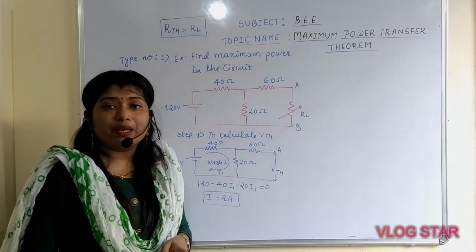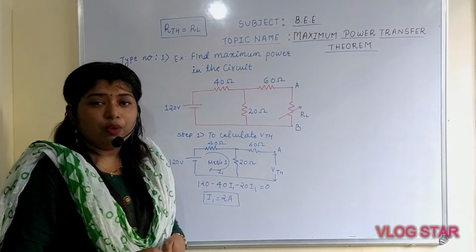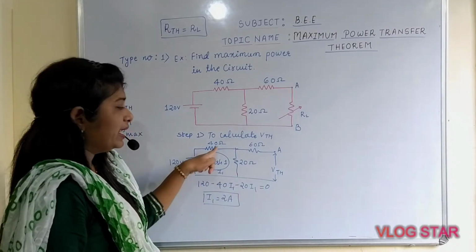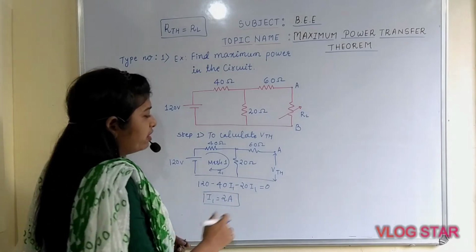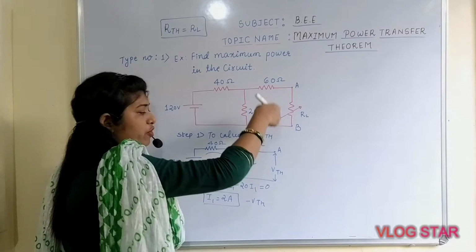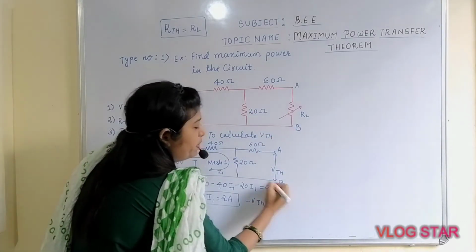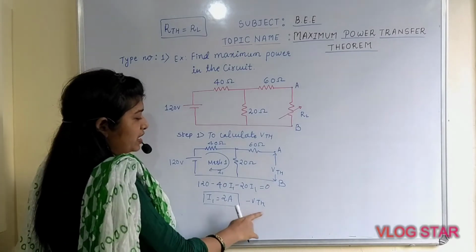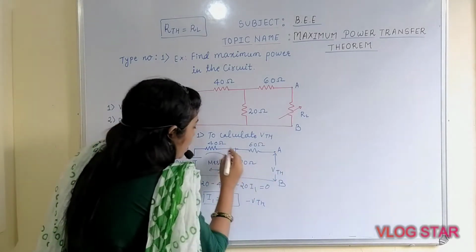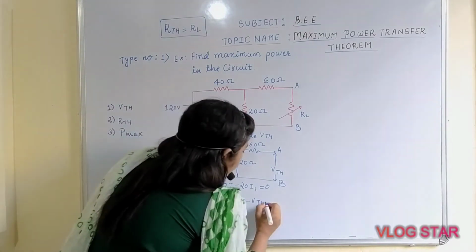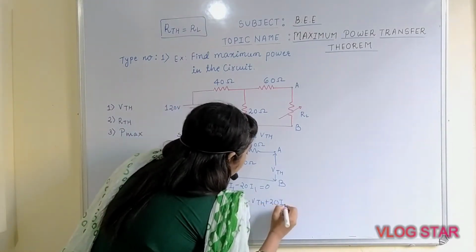But you have to calculate the VTH equation. What is the procedure? Can you apply KVL across this path to get the VTH equation? If we go from A to P, from higher potential to lower potential, we get minus VTH, then considering the direction from the previous mesh, plus 20 I1.